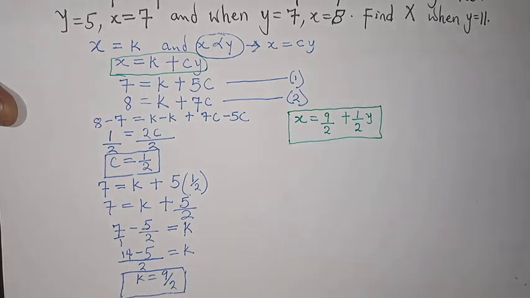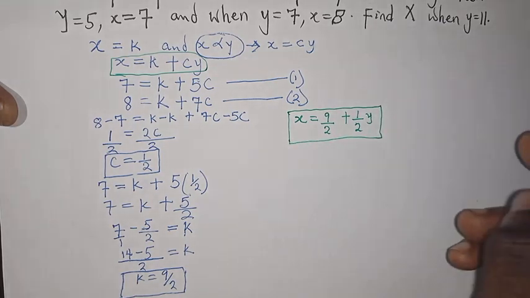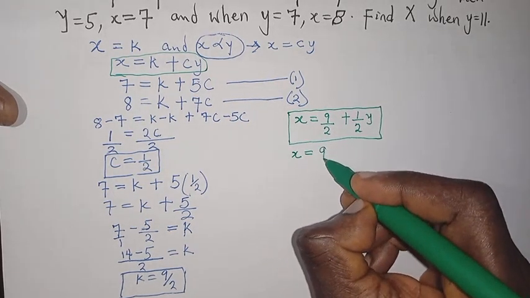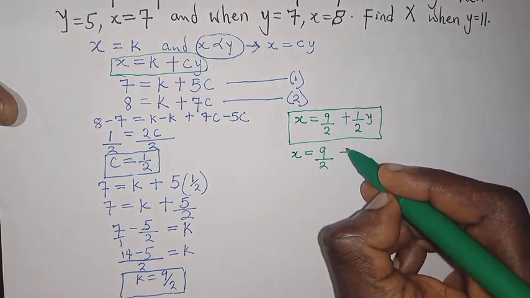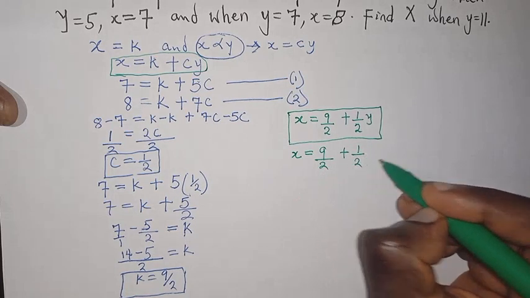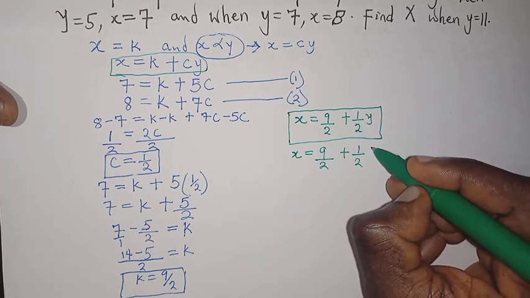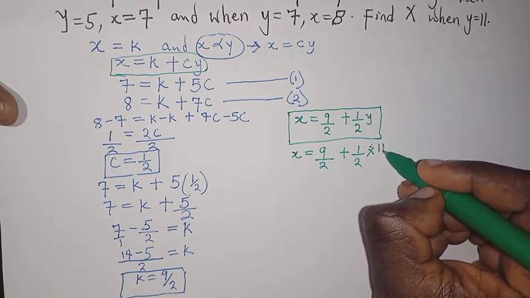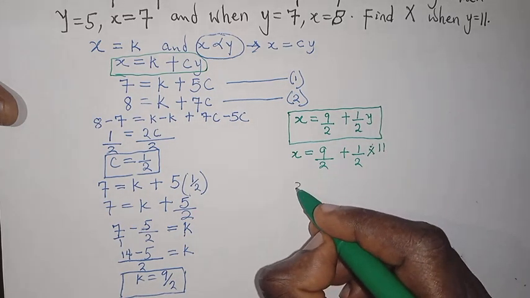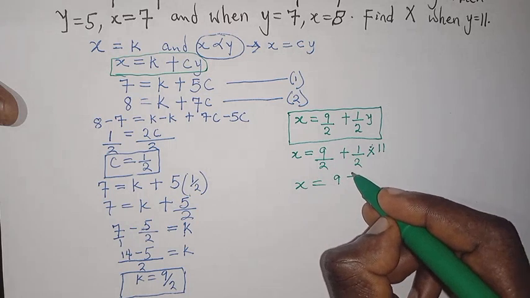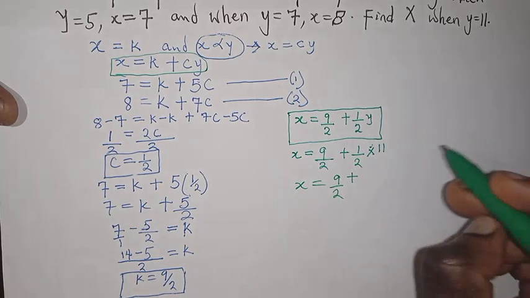Now I'm going to find the value for x when y equals 11 using this relationship. So 9 over 2 plus 1 over 2, when y equals 11, is simply going to give me times 11. So this is 9 over 2.